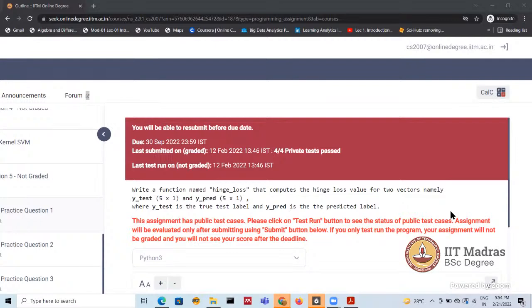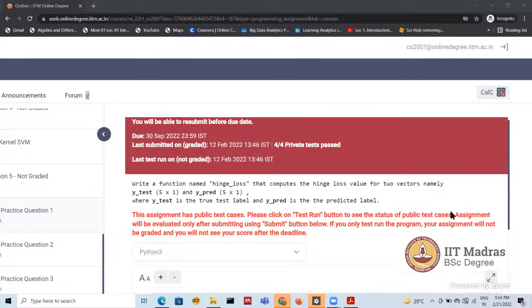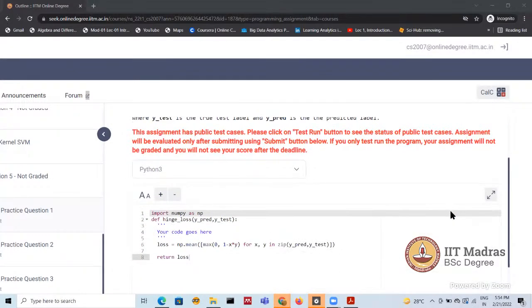Hinge loss is maximum of 0, 1 minus t. So for our SVM, the hinge loss is maximum of 0, 1 minus x into y, where x is your prediction vector and y is your test vector. That is the equation you need to implement here.